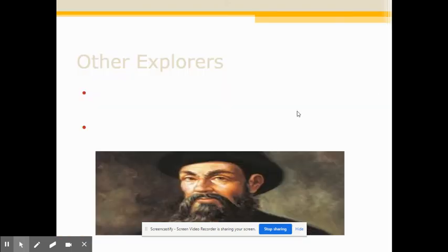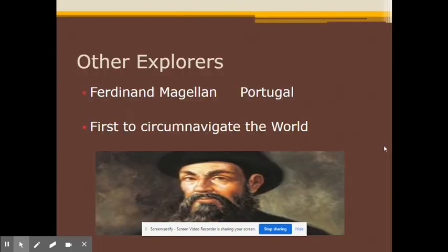Others will follow. The first man to prove what Columbus thought about the shape of the world, remember he claimed the world was round and not flat. Well, Magellan set out to prove that. He would take off from Europe and continue to sail west, looking for a way to get past America on to Asia and to continue with his boats until he returned home traveling in the same direction.